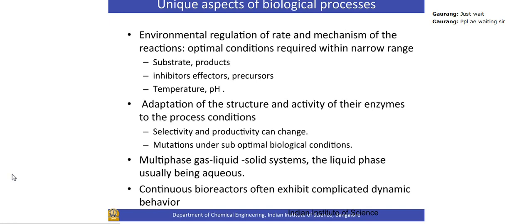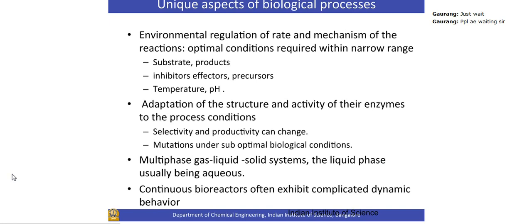Any deviation both below and above this condition will lead to loss of activity by the cell, and thereby make this bioprocess useless as far as the production is concerned.